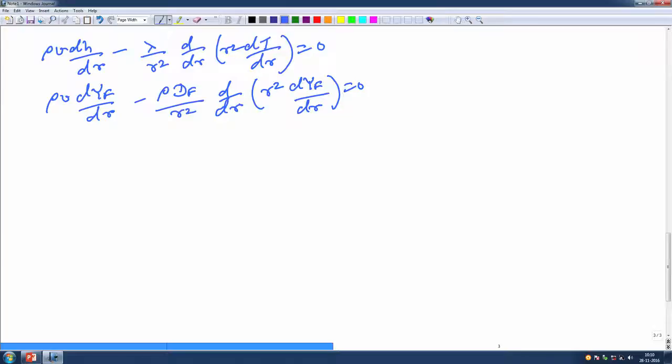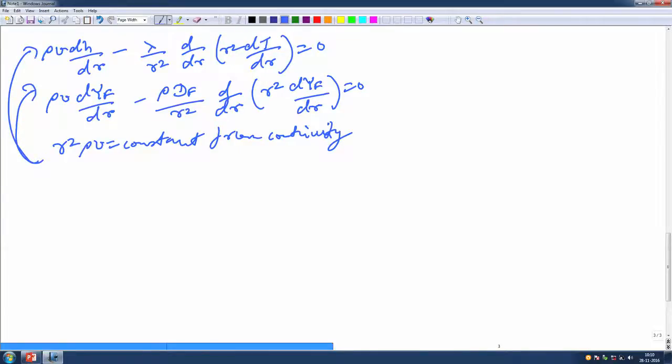Okay. And r square rho v is equal to constant, that you know from continuity. So, including this over here, that means we write it in the conservative form, right. We can always write every equation in the conservative form.